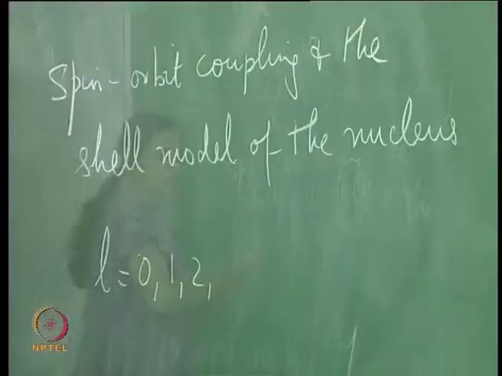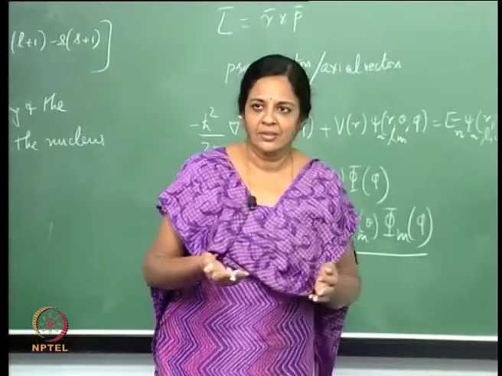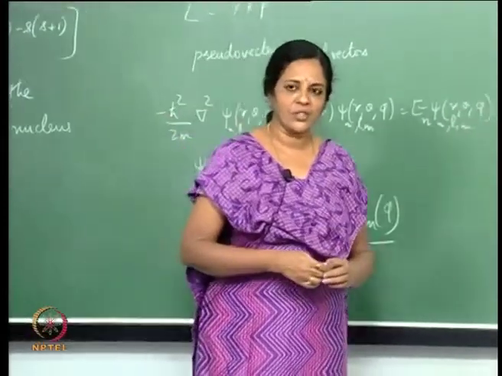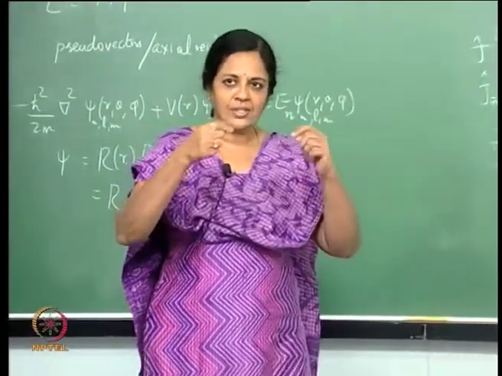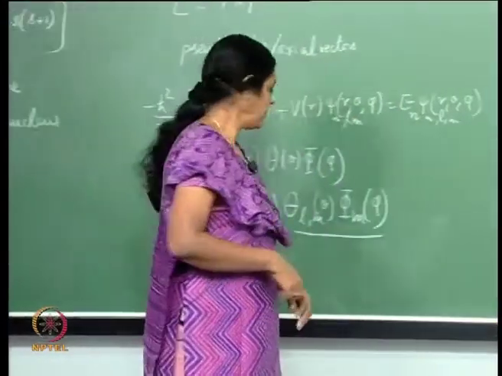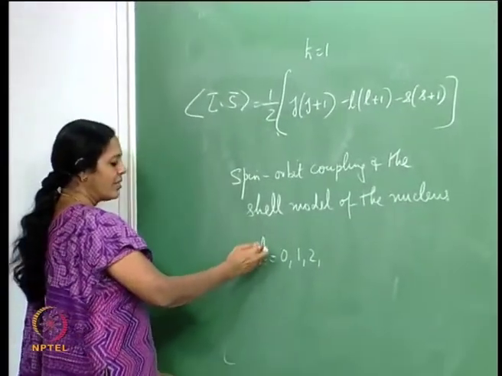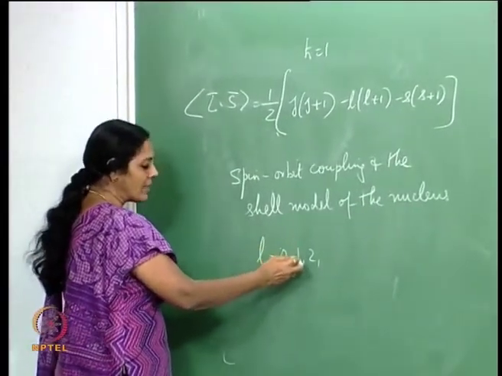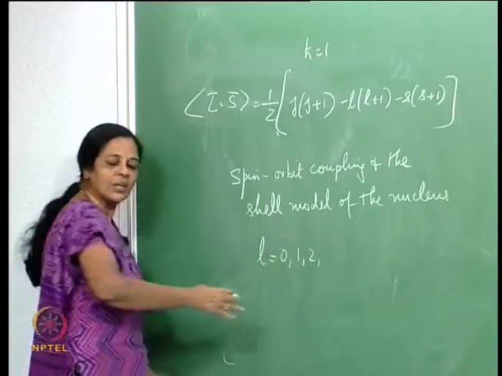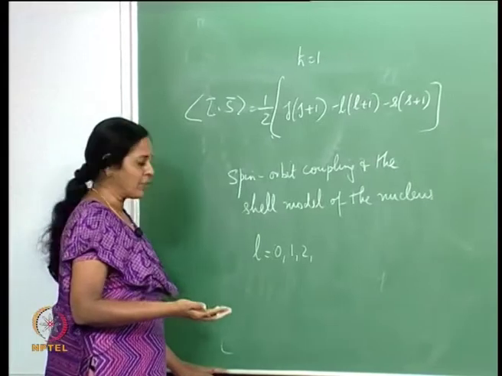L is equal to 0 corresponds to a shell, L is equal to 1 corresponds to another shell, L is equal to 2 to another shell, and so on. So, you fill up these shells in a certain order starting from L is equal to 0, fill up protons in the various shells, that means in the L is equal to 0 state and the L is equal to 1 state, 2 state, and so on, as many protons that are there in that particular nucleus that we consider.